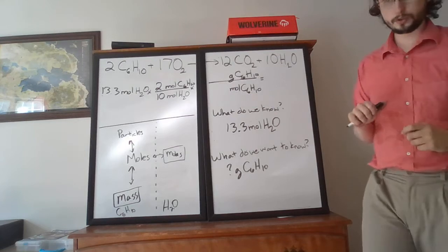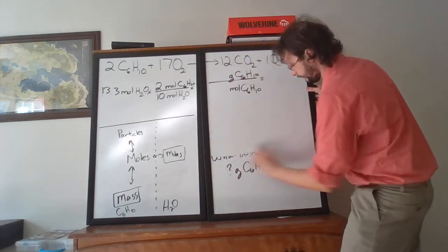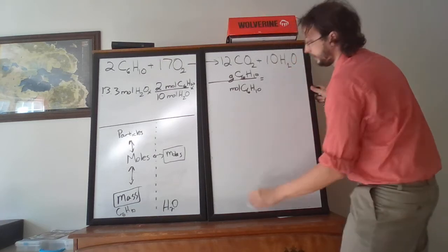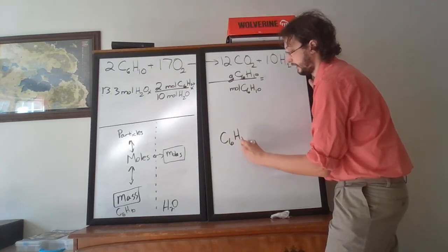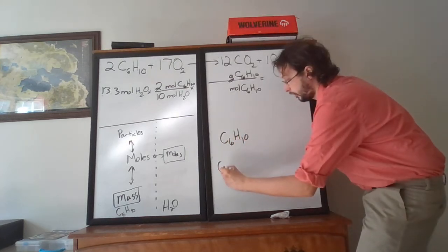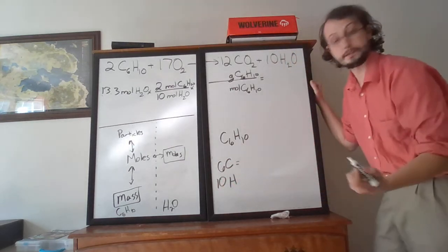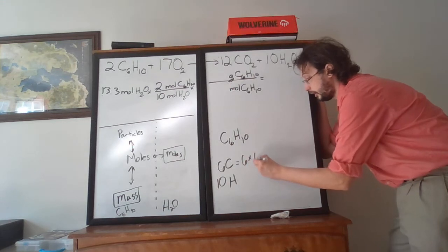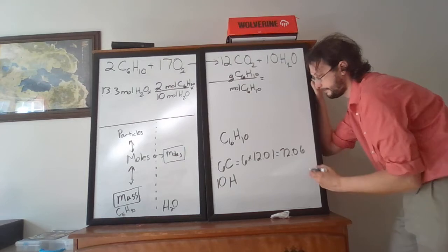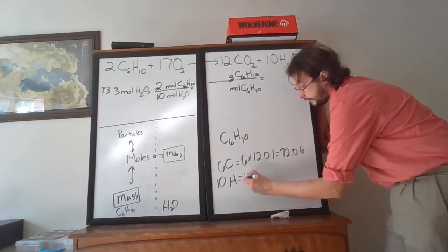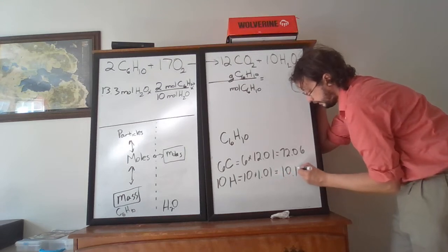Now, anytime we go from moles to mass, we need to look up the molar mass. And you can find the molar mass by looking up the masses of each element on the periodic table. So for C6H10, we need 6 carbons and 10 hydrogens. 6 times the molar mass of carbon, 12.01, gives us 72.06. 10 times the molar mass of hydrogen, 1.01, gives us 10.10.